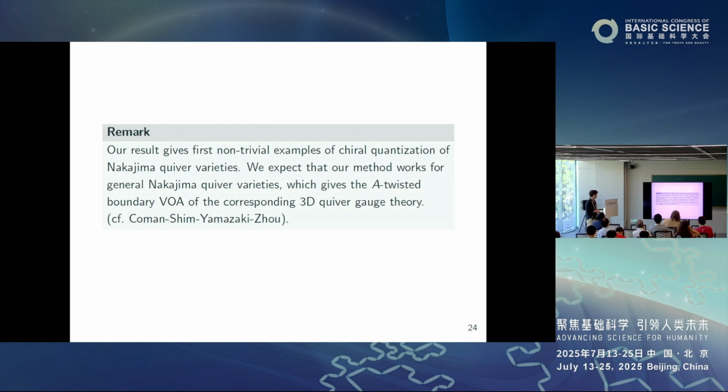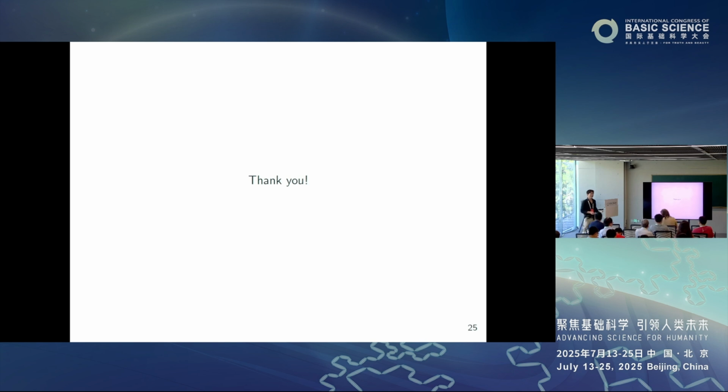We expect our method works for any case, and it is supposed to give the A-twisted boundary condition of the corresponding 3D quiver gauge theory, which was discussed in the paper of Costello, Gaiotto, and Yamazaki. So, a bit early, but I finished. Thank you. Questions?